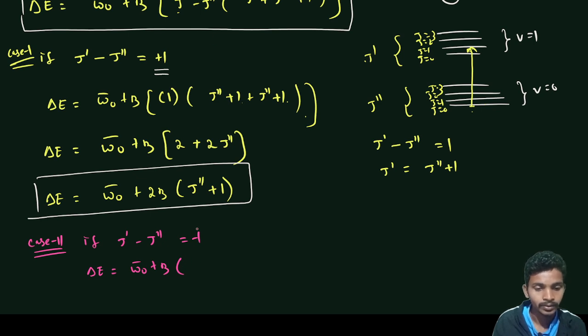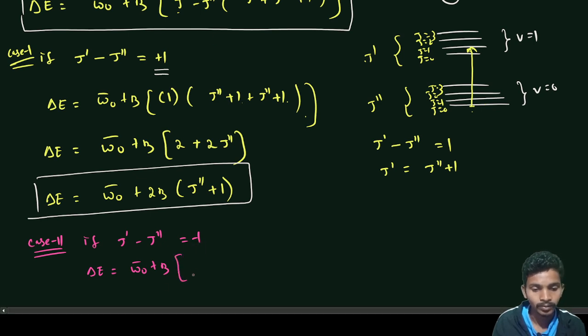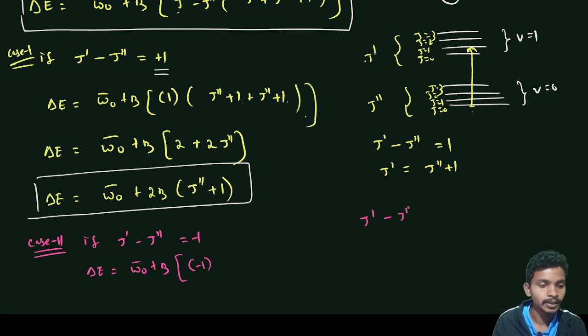So I can write j dash plus 1 equal to j double dash.